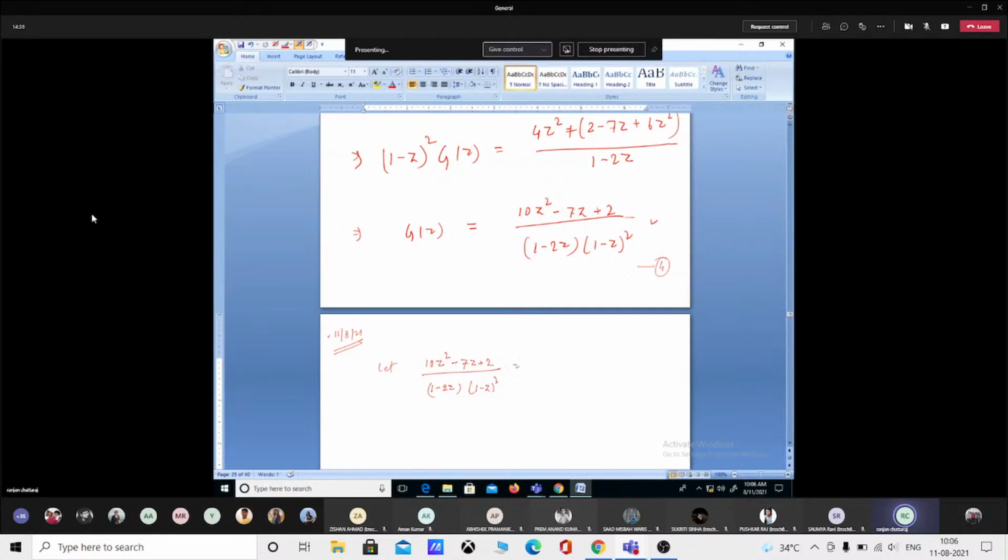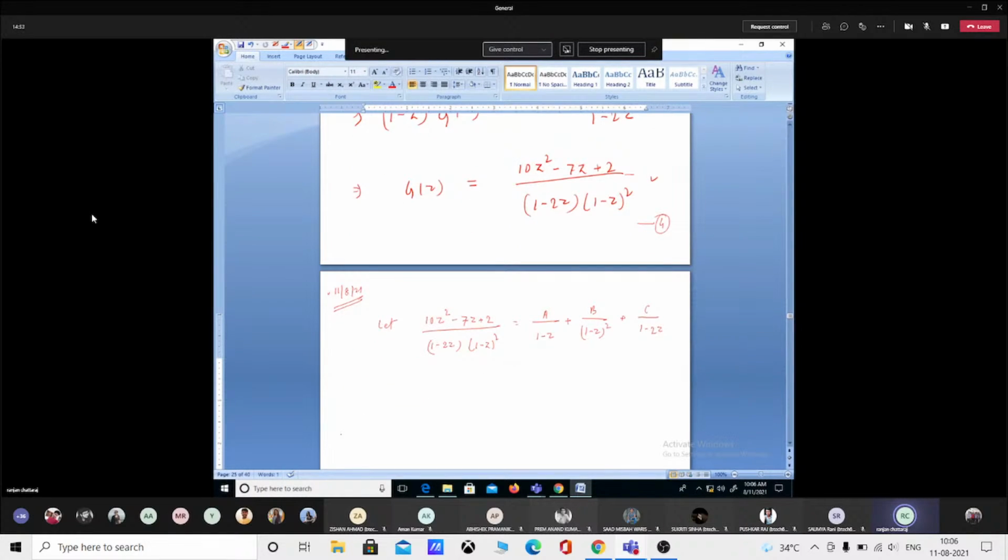equal to A upon (1 minus 2z) plus B upon (1 minus z) plus C upon (1 minus z) whole square. Multiplying both sides by the denominator, this side we have only the numerator, that is 10z square minus 7z plus 2.